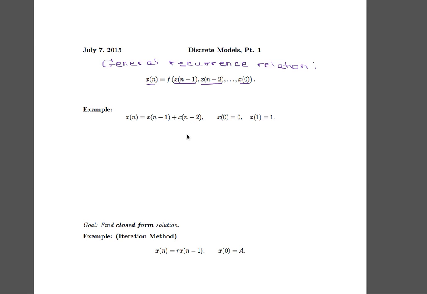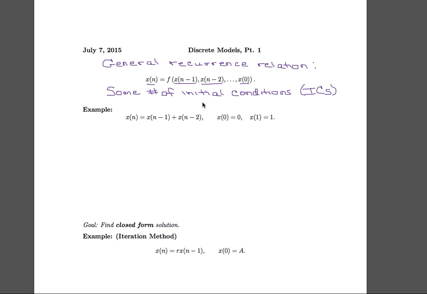And one thing that I didn't mention before, which I'll go ahead and add up here, is that your recurrence relation is going to have some number of initial conditions, which from here on out I might abbreviate as ICs. And that's just because if this is a function of some previous number of states, we have to know what the values are at some number of previous states to begin to even compute anything.